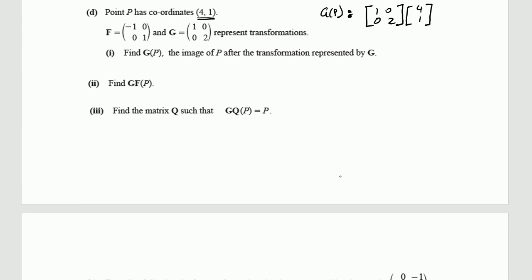Okay, so I'm going to work out what this is using my usual matrix multiplication. 1 times 4 and 0 times 1, add those together, I get 4. 0 times 4 and 2 times 1, add those together, and I get 2. So GP is equal to the point with coordinates 4, 2.